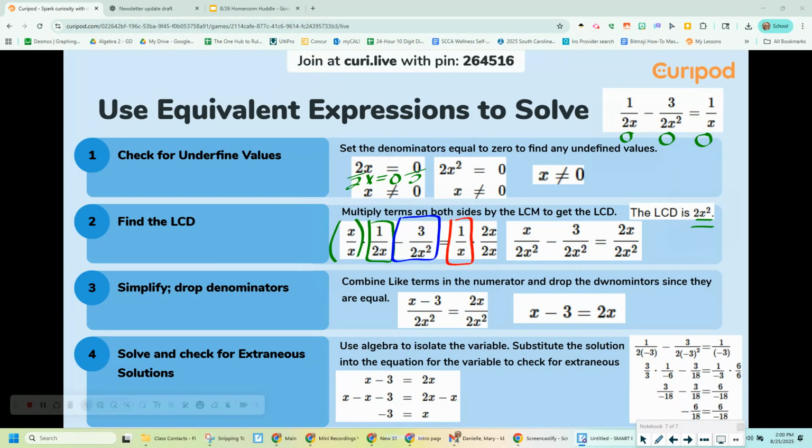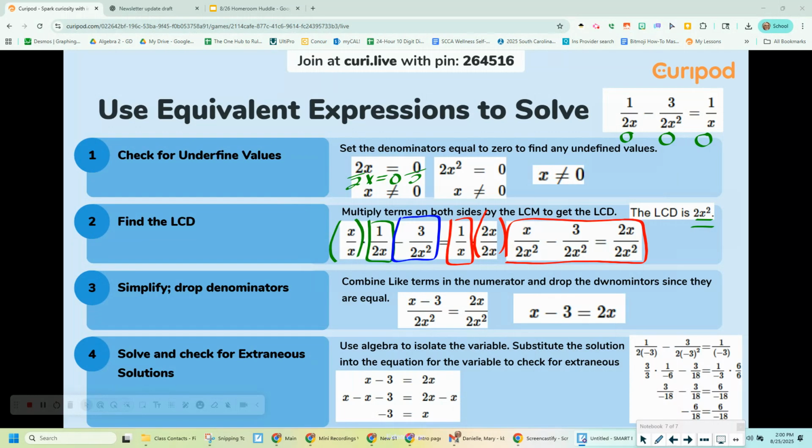If I want to turn that into 2x squared, I would need to multiply it by 2x over 2x. So once I do all of the multiplication, I have a new equation, x divided by 2x squared minus 3 divided by 2x squared equals 2x divided by 2x squared.